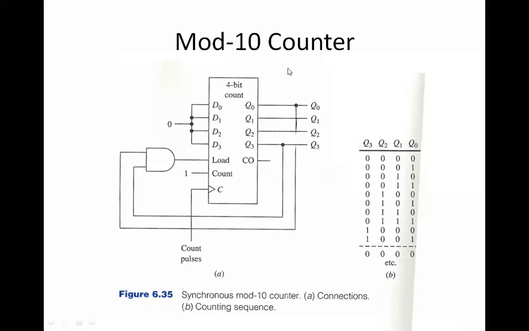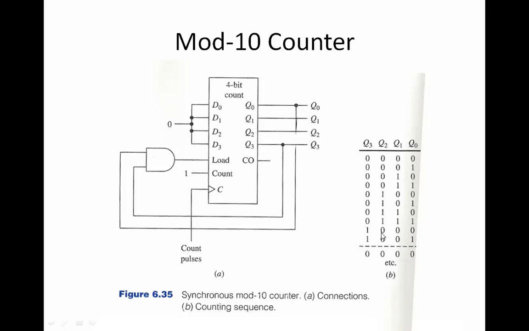Okay. Fine. So suppose now I want, say, after 8, I want 0. What shall I do? So we need to connect Q2 and Q0 to the load.